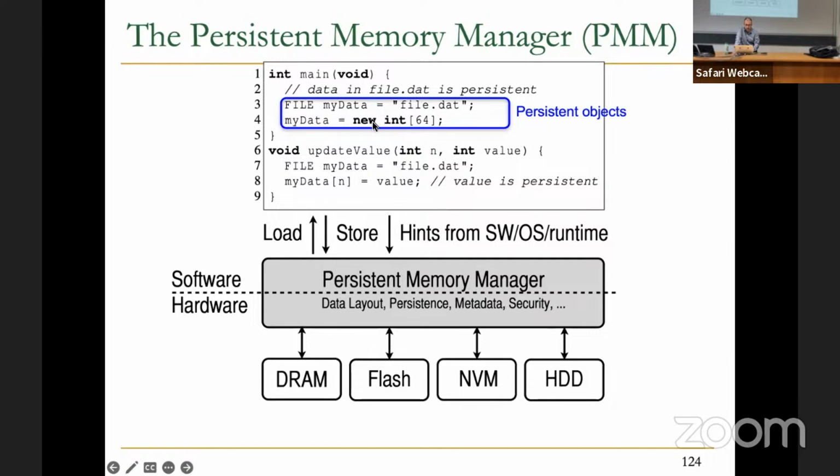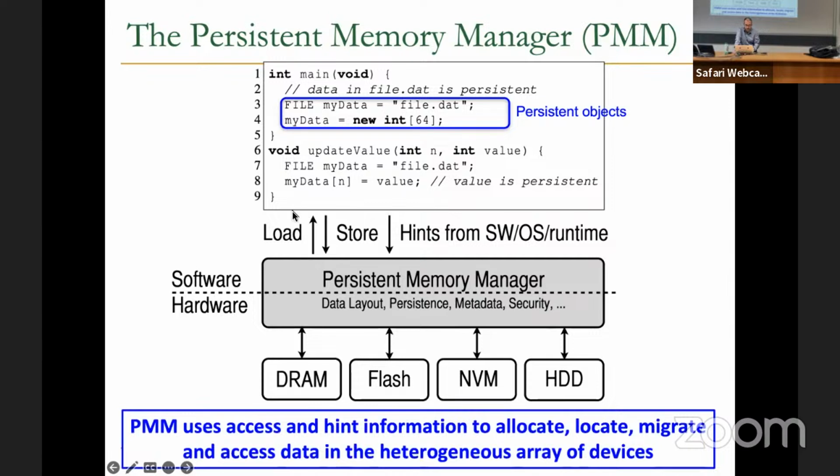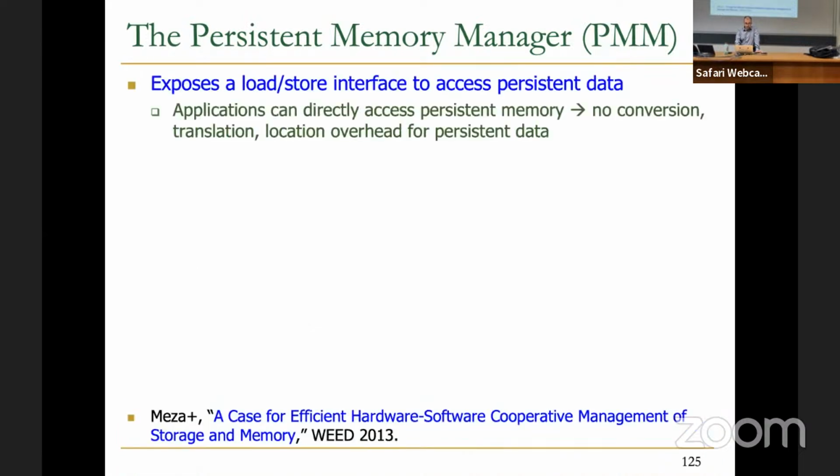There's a file that you allocate as a persistent object, and then you can map that persistent object to flash or NVM or HDD, depending on its characteristics. As I said, the persistent memory manager uses access and hint information to allocate, locate, migrate, and access data in the heterogeneous array of devices.